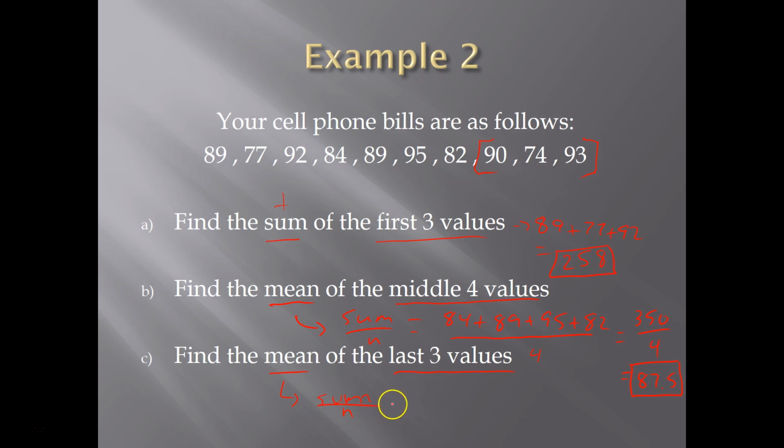So we're finding the sum of the last 3 values: 90 plus 74 plus 93 divided by the number of values we added, which was 3. And that gives us 257 divided by 3, which is 85.66 repeating, so I'm just going to write 85.6 with a little bar above it.